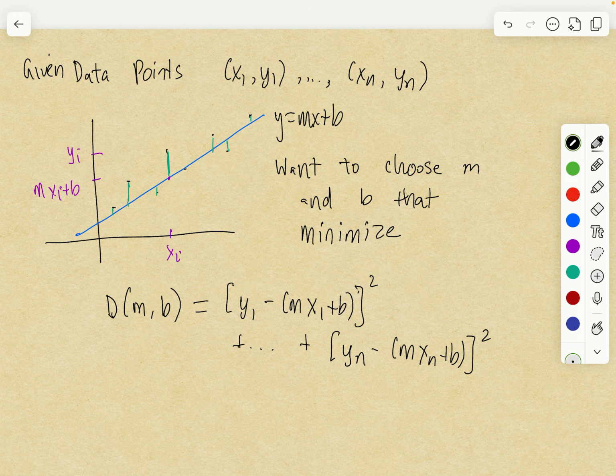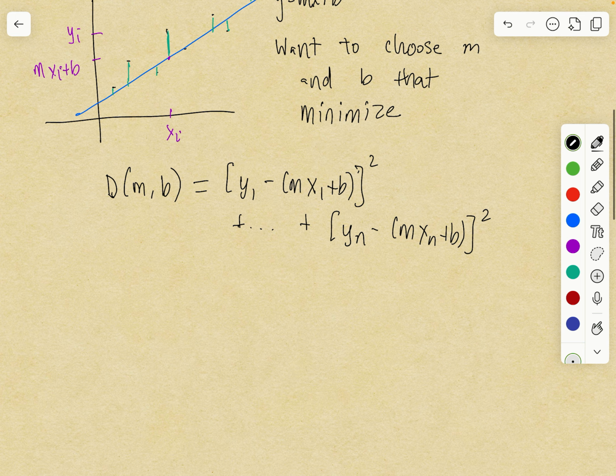Okay, well, this is a function of several variables, right? It's a function of m and b. So what you want to do is find the critical points of this function D.